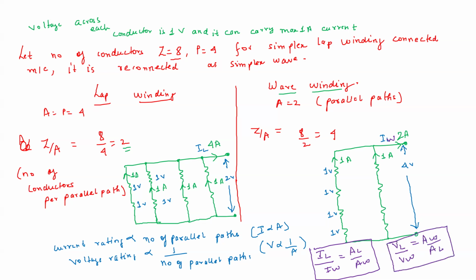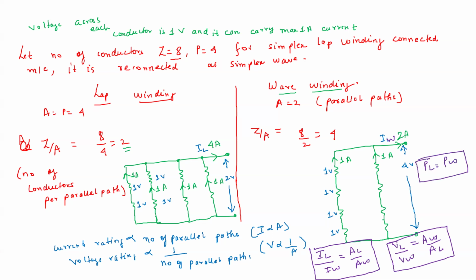Okay. So if there is a wave connected system and you are connecting it back to the lap connected system, what will happen to the voltage ratings? What will happen to the current ratings? But the power in both the cases remains the same.